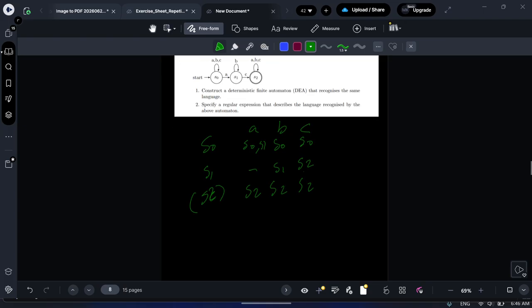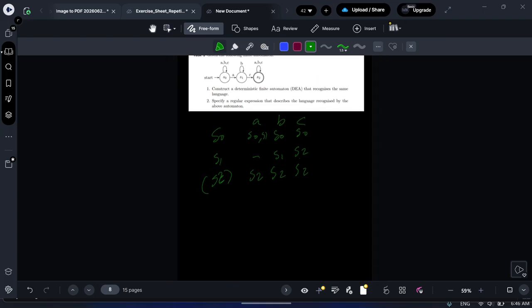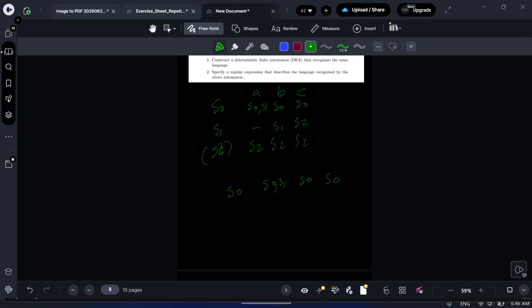Now, the important thing to convert to a DFA is that we write the first blank as it is. So we say S0, S0, S1, S0, and S0. Then we slowly try to expand it.